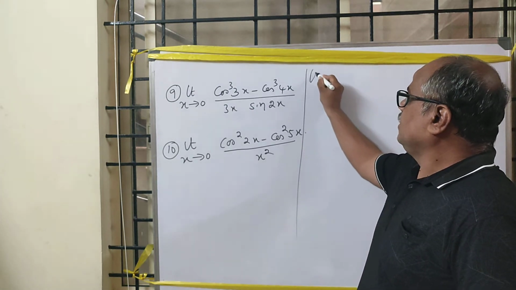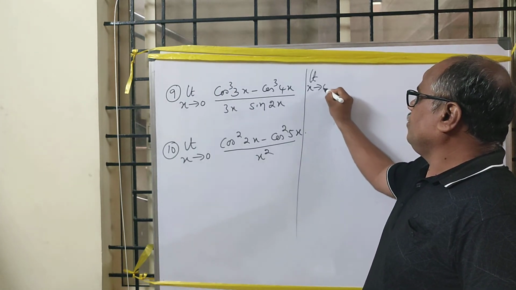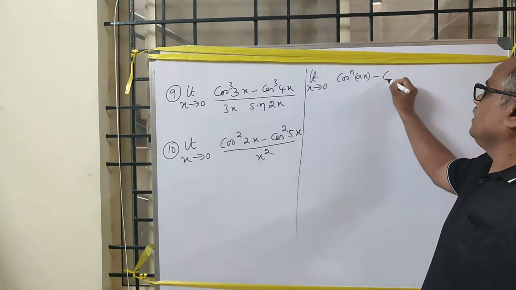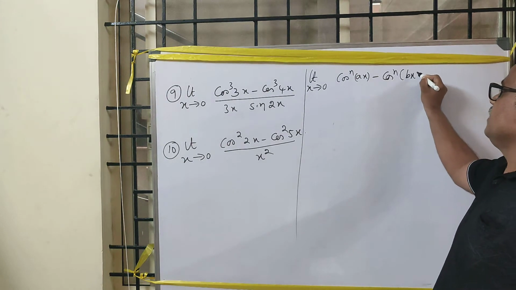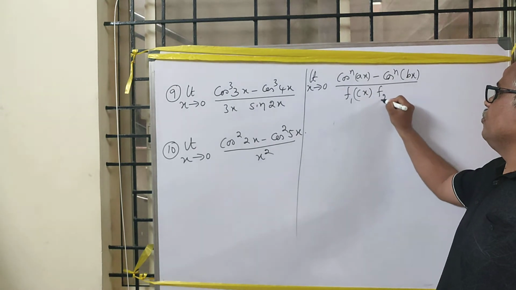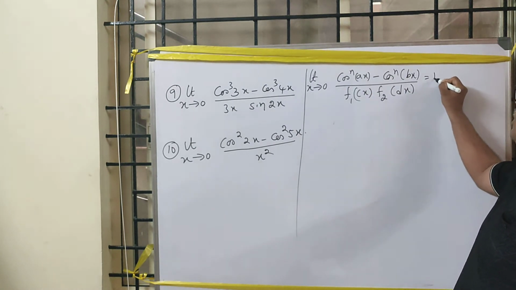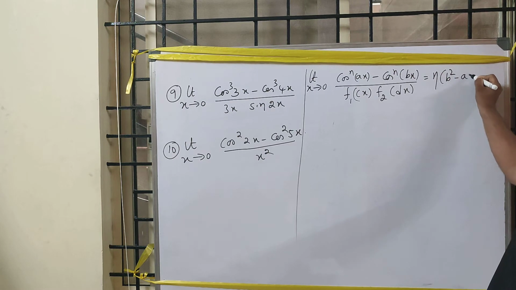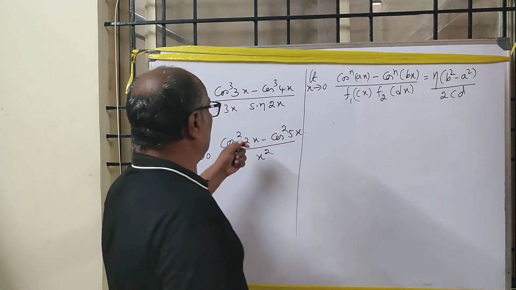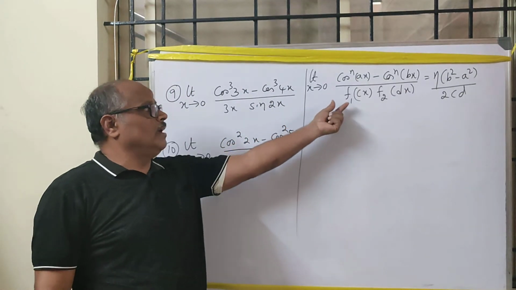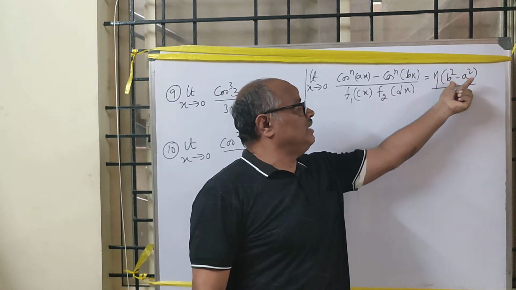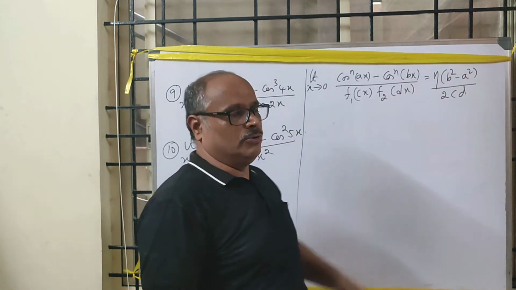Have to remember, limit x tends to 0, cos to the power of n ax minus cos to the power of n bx divided by f1 cx into f2 dx is equal to n of b square minus a square divided by 2cd. The given problems are in the form of this. We have to use n of b square minus a square divided by 2cd.